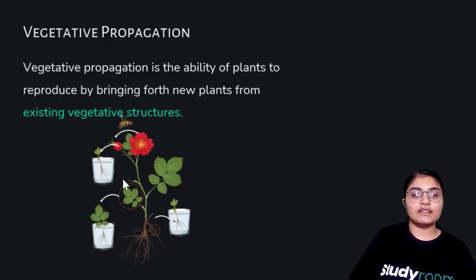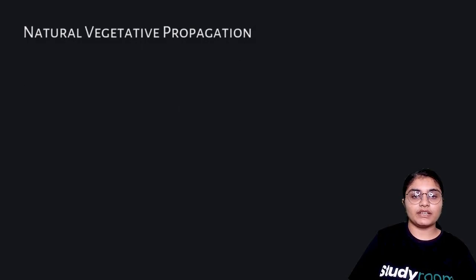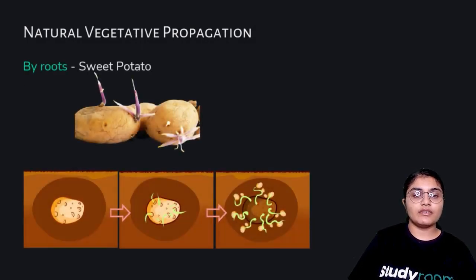As you can see here, the reproduction is taking place from leaves or roots or stem. So this kind of reproduction is called vegetative propagation.